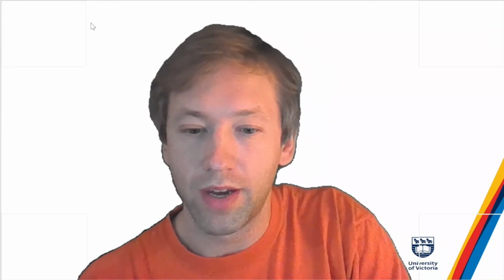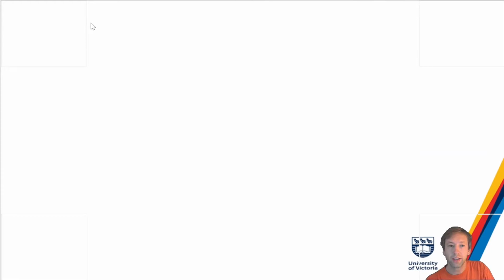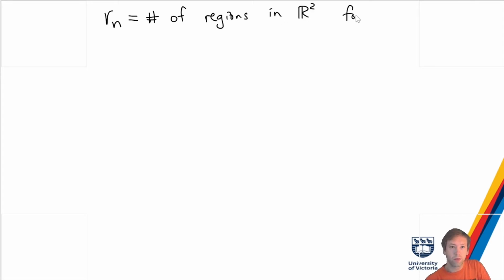Okay, let's talk about some recurrence relations. So in class, I might have talked already about this particular recurrence relation. Let's say Rn is equal to the number of regions in the plane formed by n non-parallel lines.